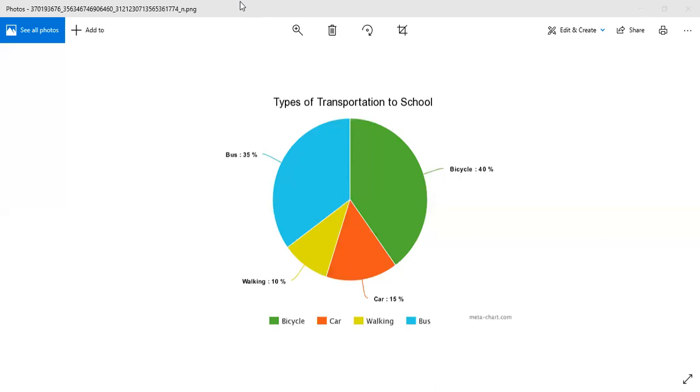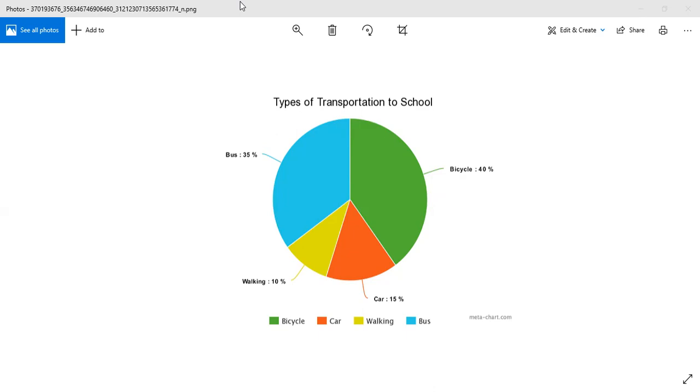If we compare the percentages of car and walking, we can see a little bit of difference because 15% of students are driving the car and 10% of students walk to go to school.